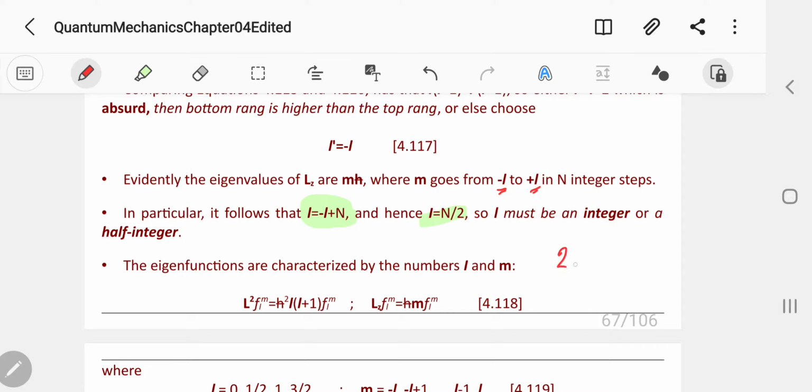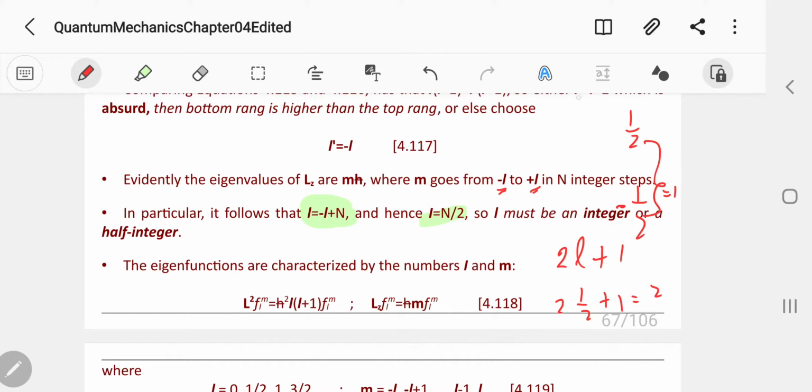So 2L plus 1, and if L is 1 half, so 2 times 1 half plus 1, this would be 2 states. So you have 1 half and negative 1 half. So your difference here is equal to 1.